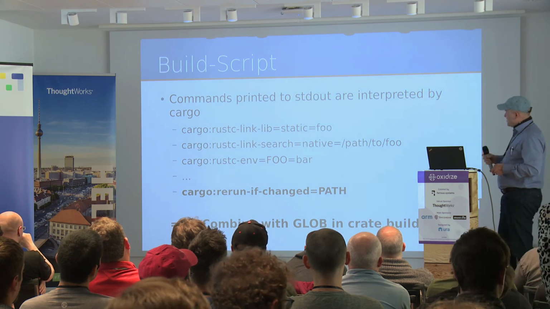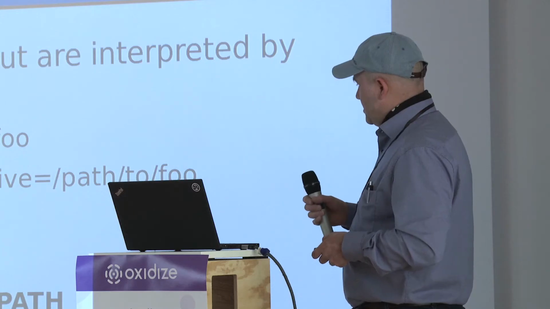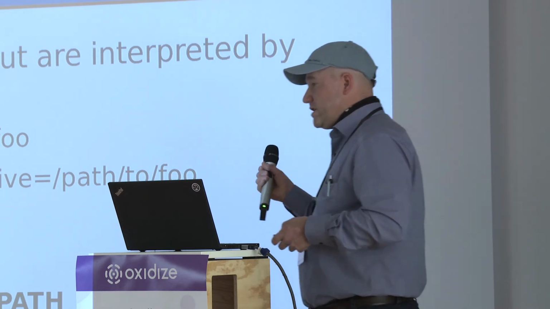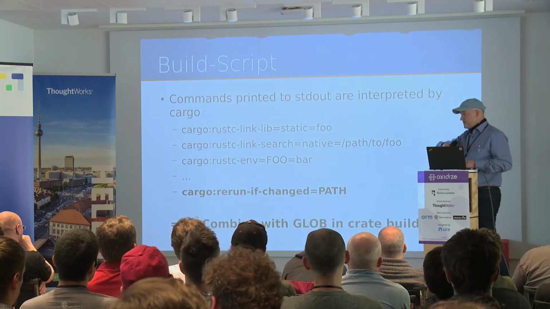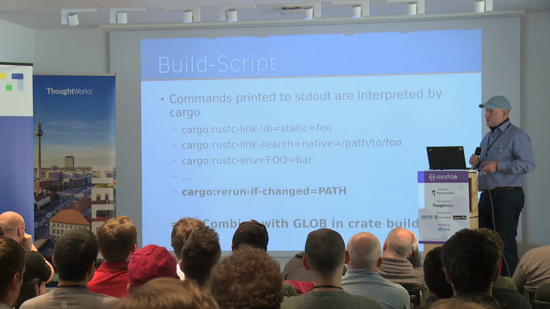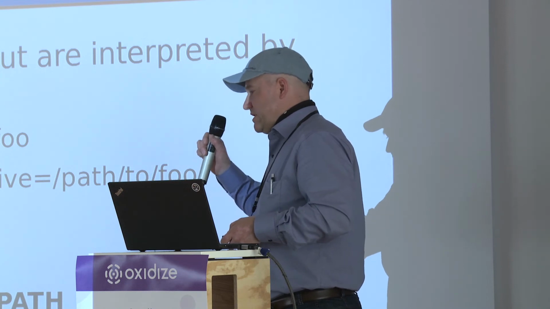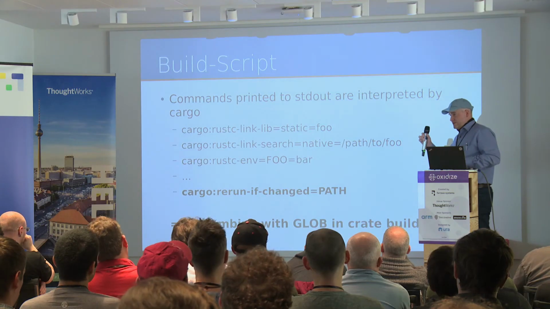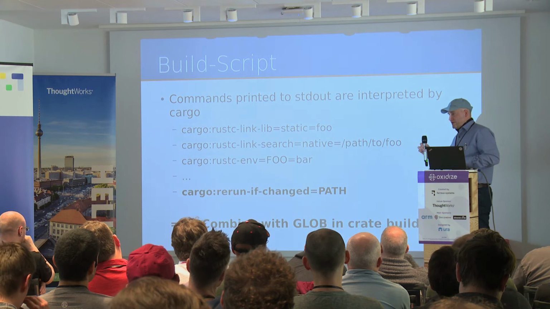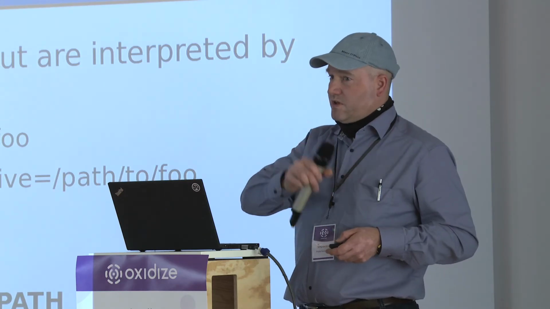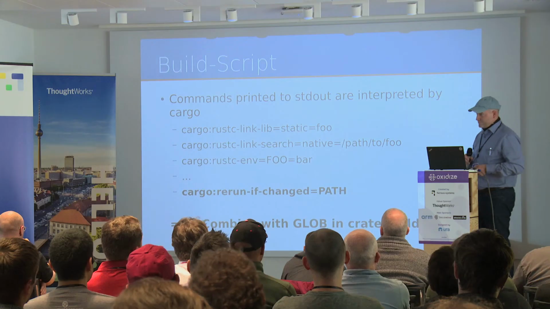The build script in our crate package is executed and it's able to communicate back over standard out to Cargo. Not everything, but specific commands can be printed to standard out by the build script, and Cargo will read and interpret those commands.